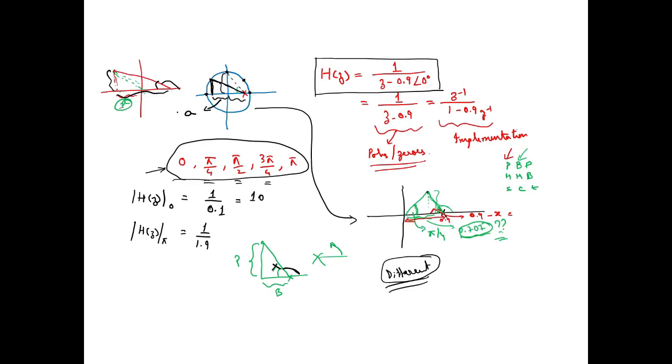If you are not able to get me, please ask me. Okay. This is A. This is 0.9. A plus 0.9. The perpendicular distance you have already calculated.